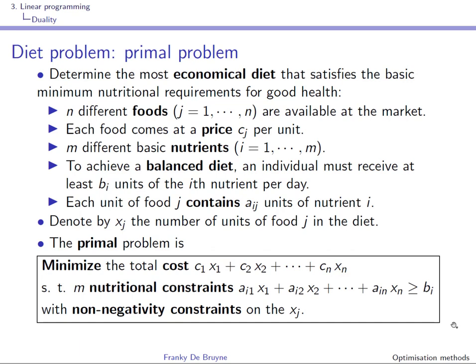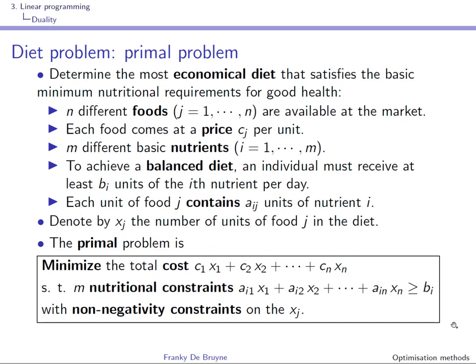There are of course constraints, and the constraints come from the fact that there are m different basic nutrients, right? Here we use the index i that runs from 1 to m, and to achieve a balanced diet, an individual must receive at least bi units of the nutrient i per day.